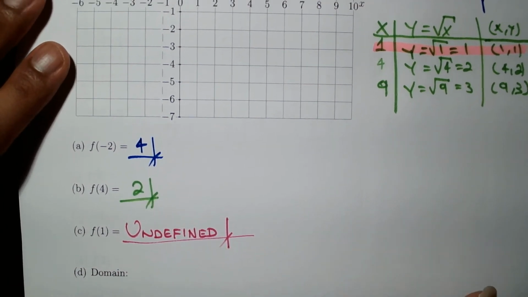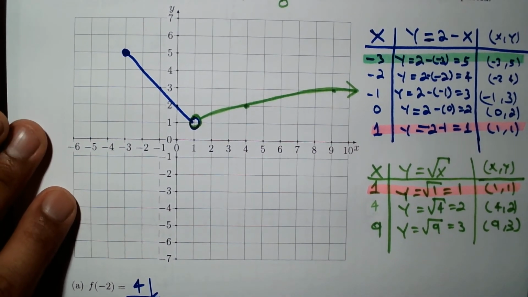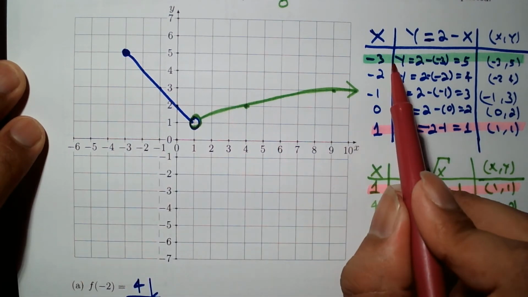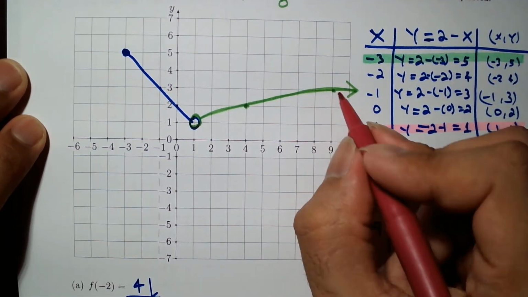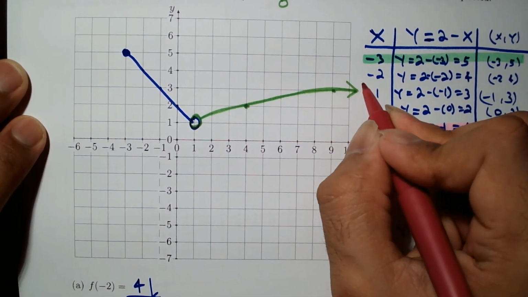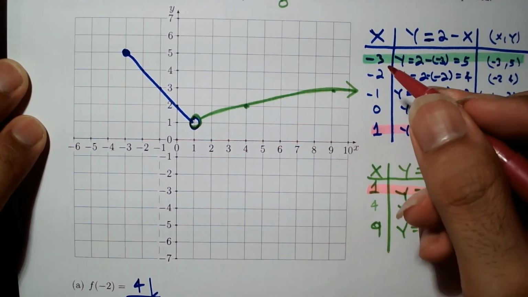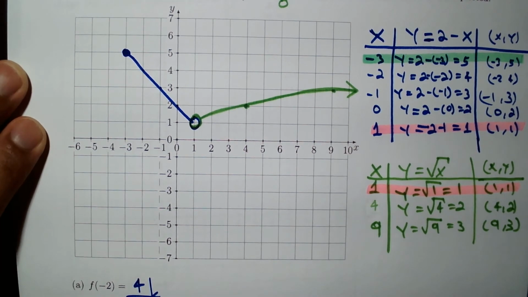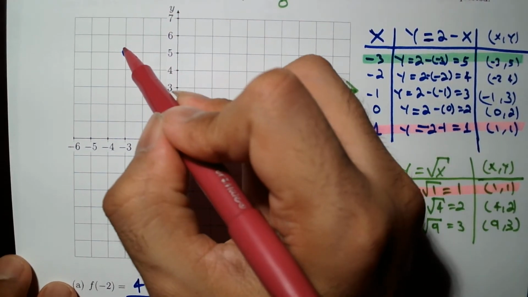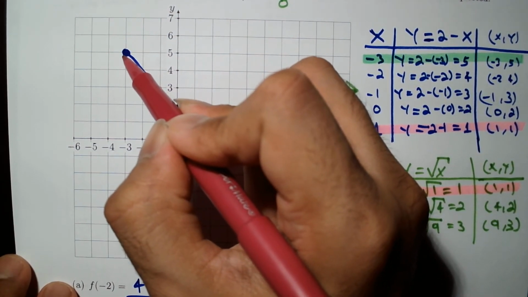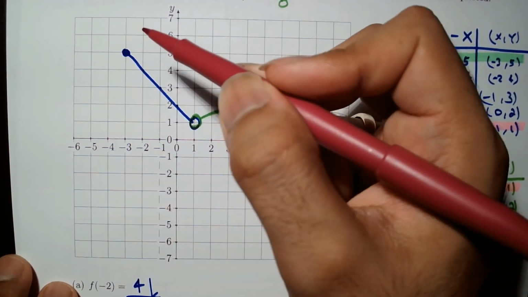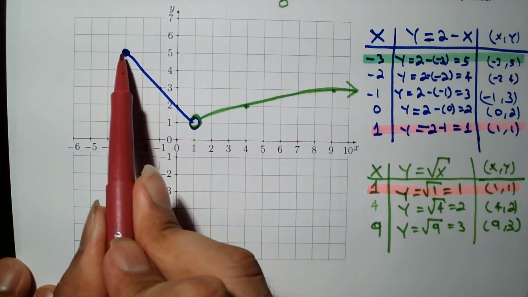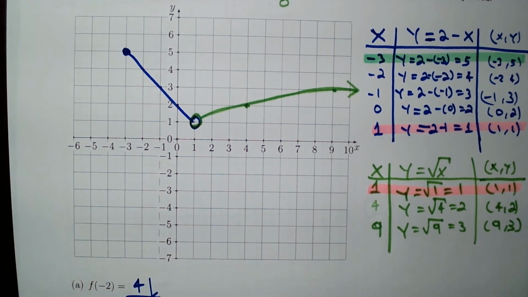The domain. Okay, let's look at the domain. Let's observe the graph from left to right. In this case, notice the full bubble as opposed to this endpoint, to this part right here. This graph has only a full bubble. It's not indicating it's going forever. So the smallest value of x is -3.